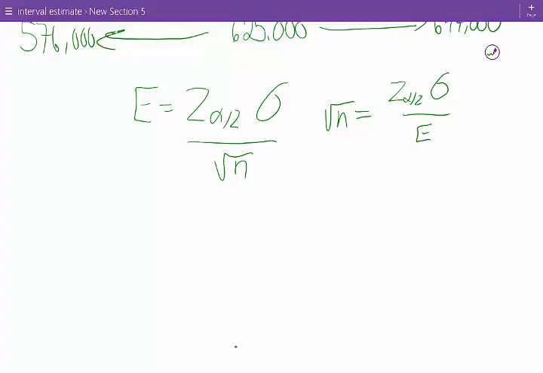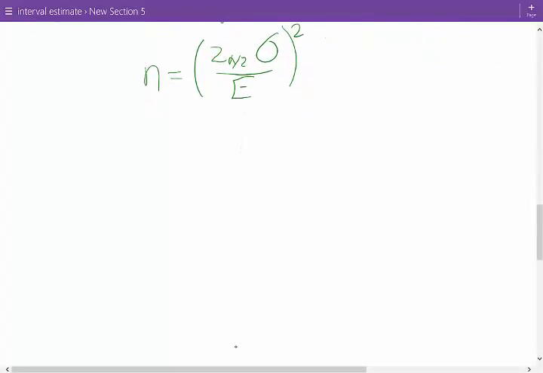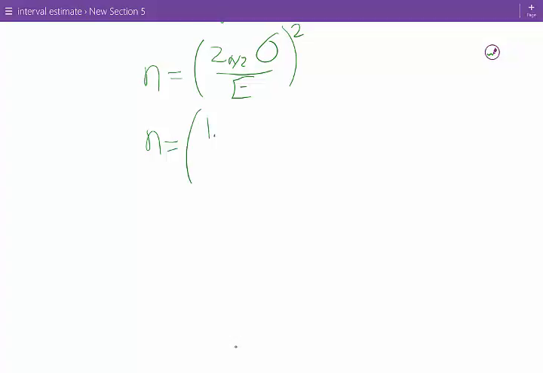Now we don't want the square root of n, we just want plain old n, so we'll square both sides and that gives us the formula n is equal to Z alpha over 2 times sigma, all divided by E, all squared. Okay, so let's plug in numbers and see what we get. We already figured out that our z-score is 1.96.